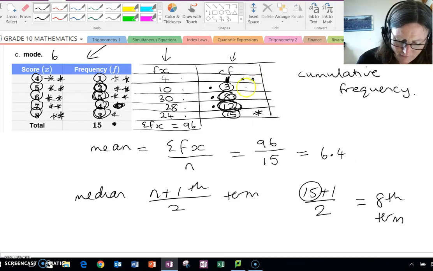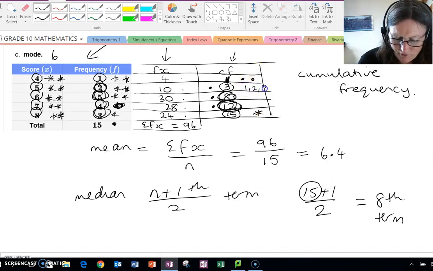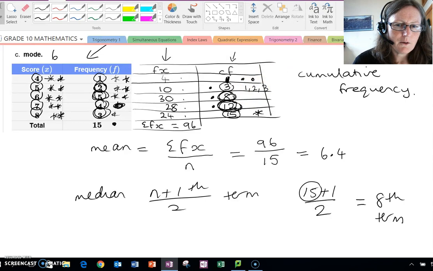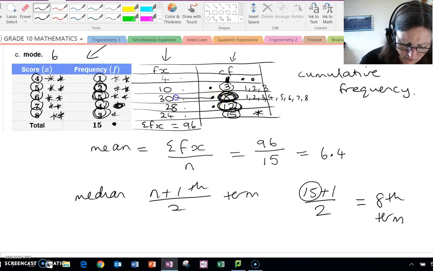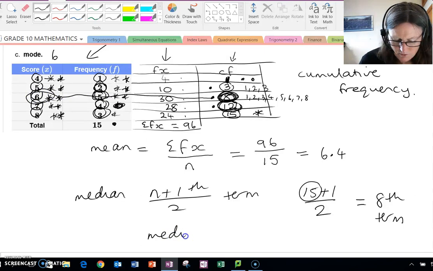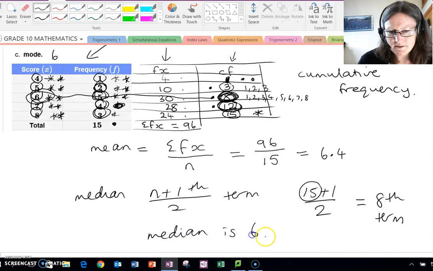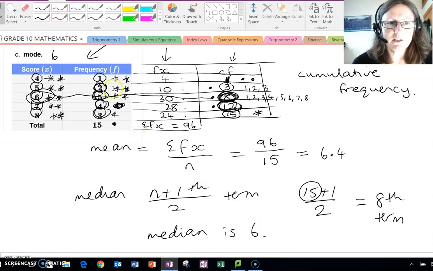Here we have the first, second and third term, and here we have first, second, third, fourth, 5th, 6th, 7th, 8th, right up to the 8th term. So the 8th term occurs within this band. If we go across, this band is a score of 6. So the median score is 6. So that's how we work out the median and the mean and the mode from a frequency distribution table.